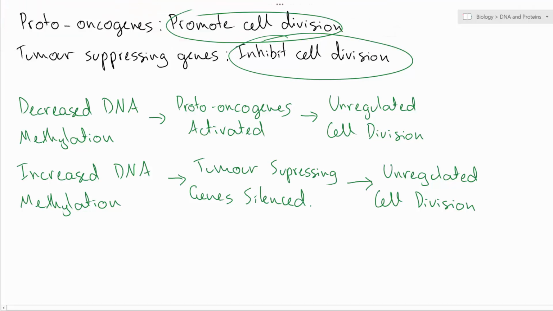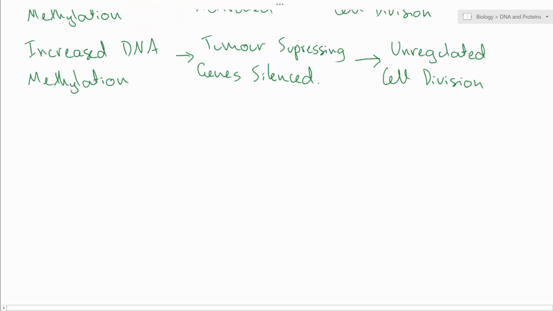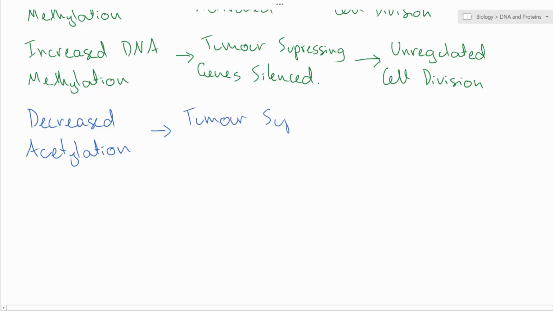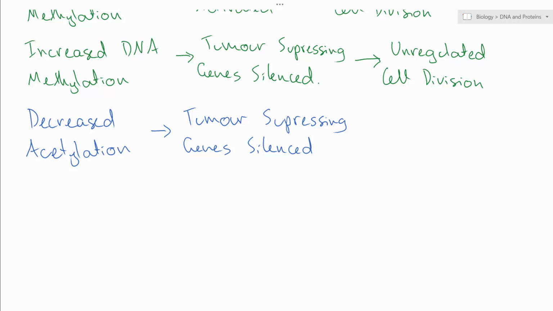If we compare the same kind of principles to acetylation, chromatin remodeling, decreased acetylation could lead to tumor suppressing genes being silenced. Remember that acetylation causes those histone proteins to push away from each other because of their charges, and it spreads out genes, allowing RNA to access the genes.